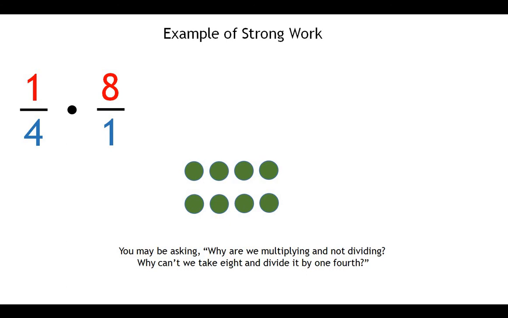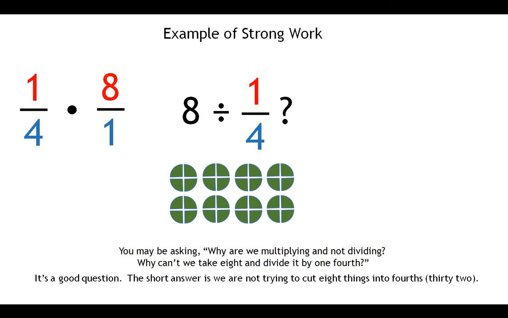Why can't we take 8 and divide it by 1/4? It's a good question. The short answer is we are not trying to cut 8 things into fourths, which would equal 32. The correct operation is to multiply.